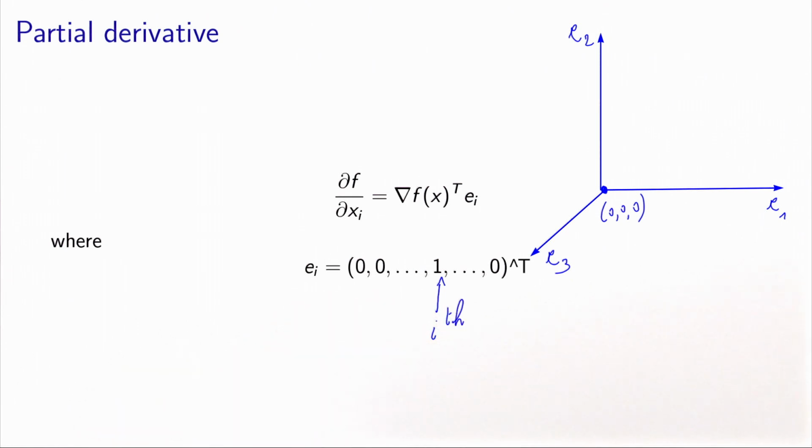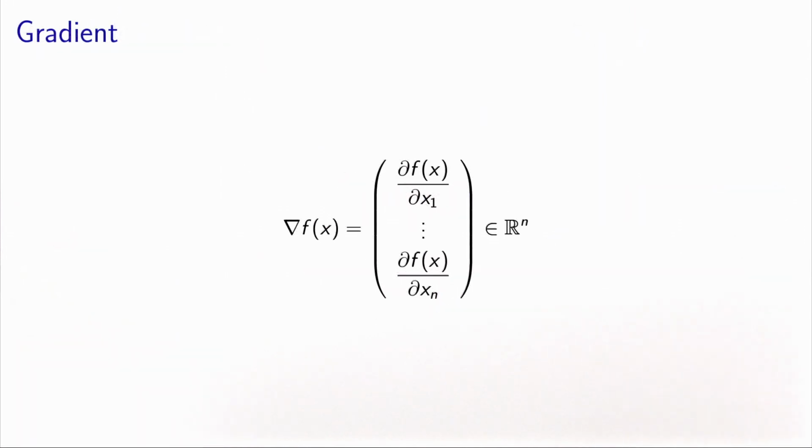So this is an axis of coordinate. The directional derivative along the axis of coordinate is called a partial derivative. And if you put all the partial derivatives together, so if you take the partial derivative with respect to the first variable, then with the second variable, all the way to the nth variable, you obtain a vector of Rn, which is called the gradient. And the notation of the gradient is nabla f of x.